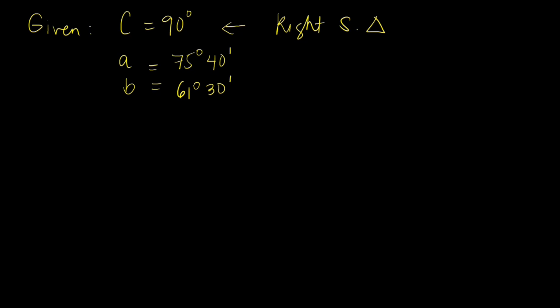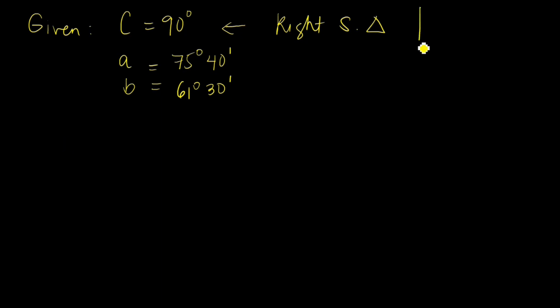Okay, so let us solve for the unknown parts of the said right spherical triangle, because remember, it is said in the problem, solve. When we say solve, it means that we are going to determine the measurement of the other parts.